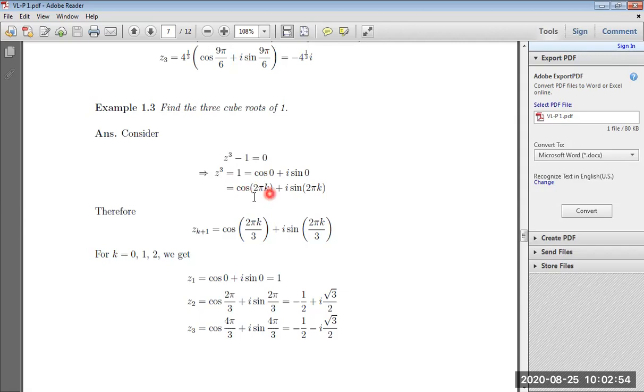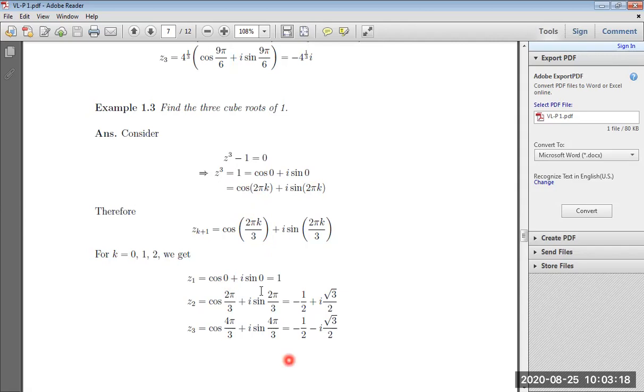So you have to apply De Moivre's theorem and you will get z of this type. By putting k equal to 0, 1, and 2, you will get these 3 cube roots of unity or 1.